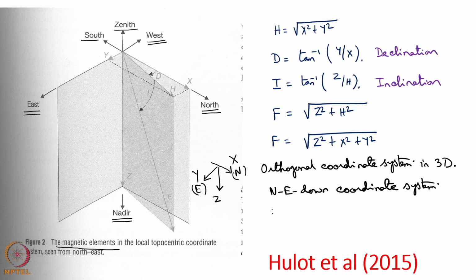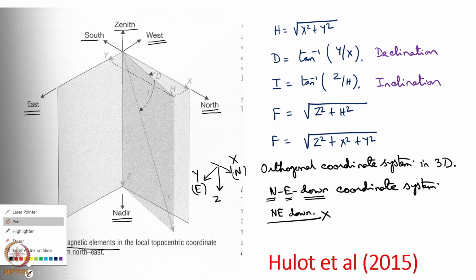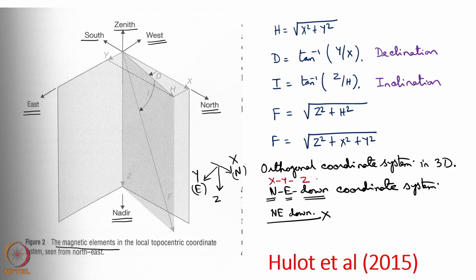It is incorrect to say north east down. No, this is not the one. North is the x axis, dash, east is the y axis, and then down is the z axis. So, this north-east-down is like an x-y-z coordinate system.